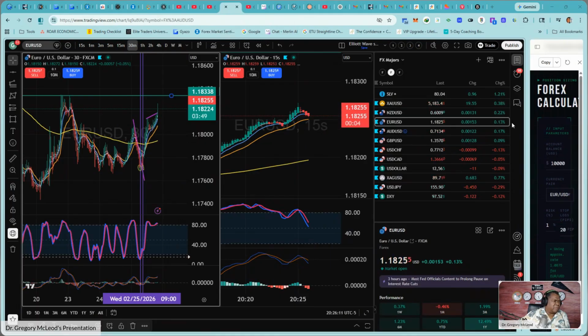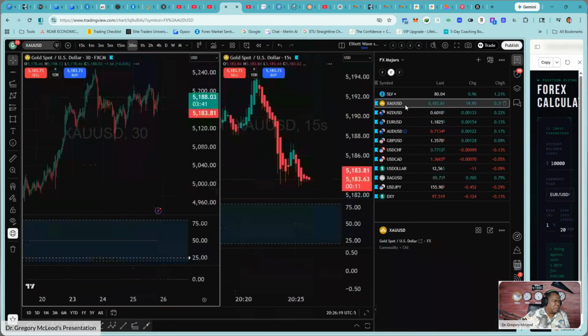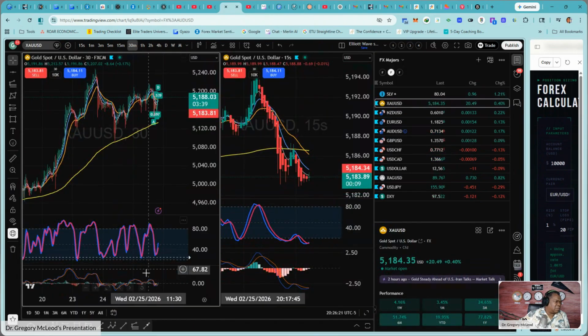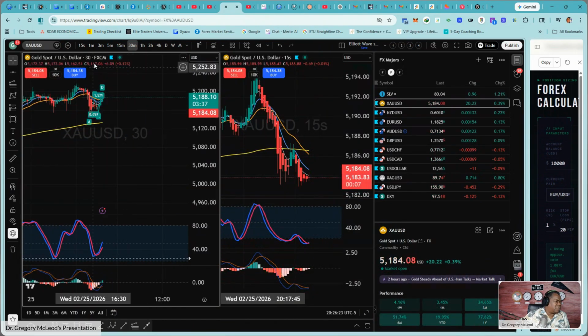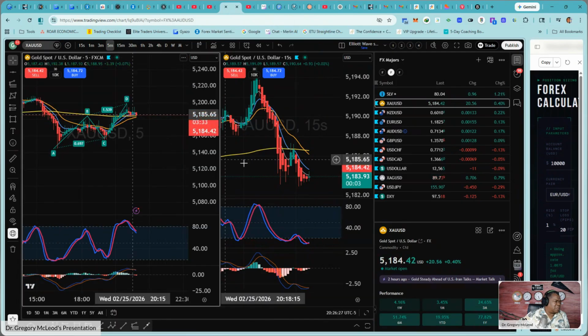That's going back. Where are we? That's the euro. This is Aussie. Aussie's pulling back. Gold. Did it ever do what it was supposed to do? Just moving sideways.